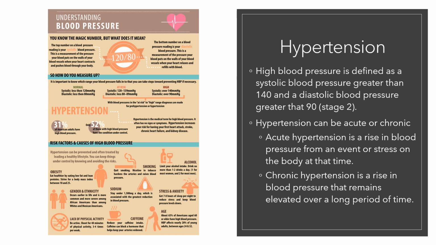This slide gives you something to look at. You know that 120 over 80 are your magic numbers, but they can fluctuate from person to person. Hypertension is when the top number is greater than around 140 and the bottom number is greater than 100. There are certain factors that can cause a person to have elevated blood pressure.